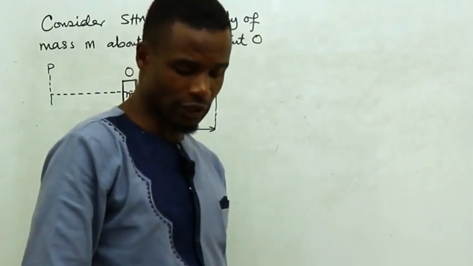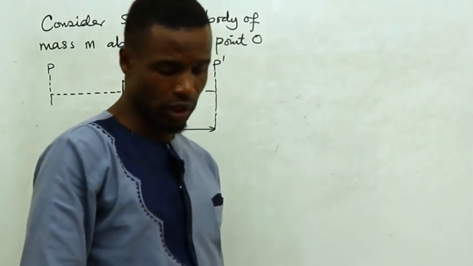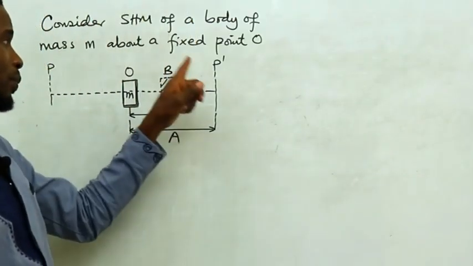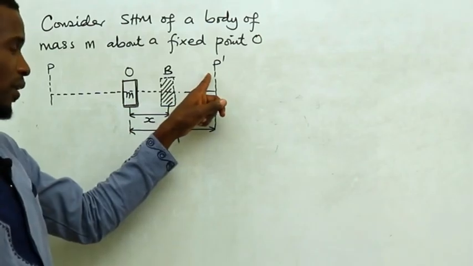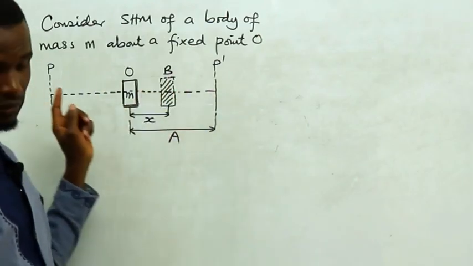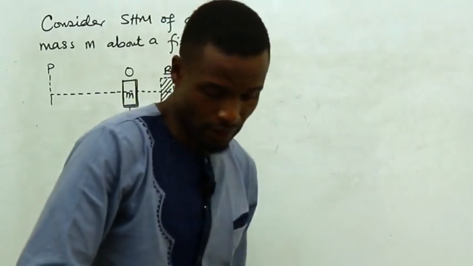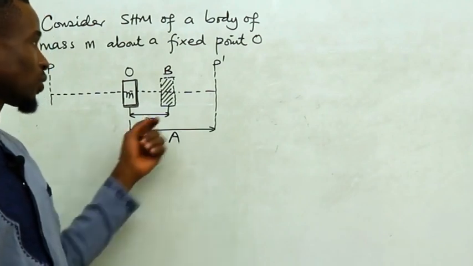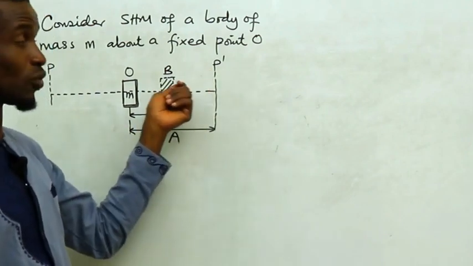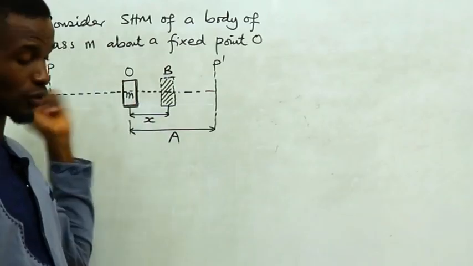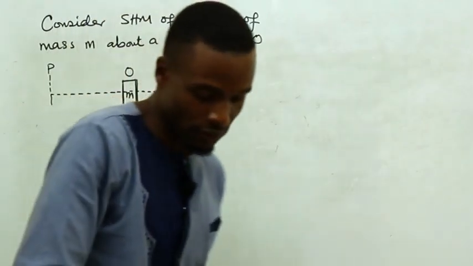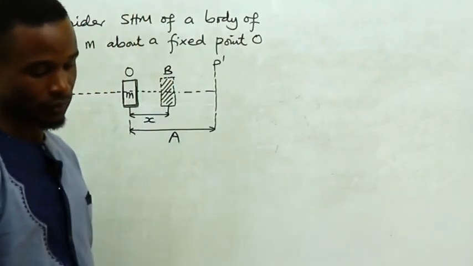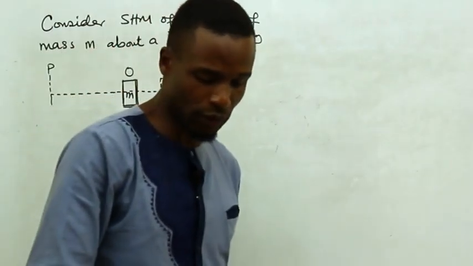Since the acceleration is always directed towards O, the particle's speed will decrease as it approaches P prime. Yes? And also as it approaches P. The acceleration will then cause it to travel back. So when it reaches here, the acceleration causes it to travel back through O to just reach point P, and then return through O again to reach point P prime.